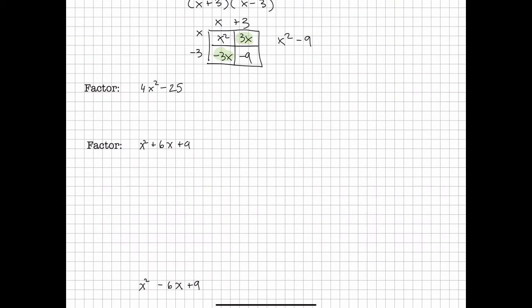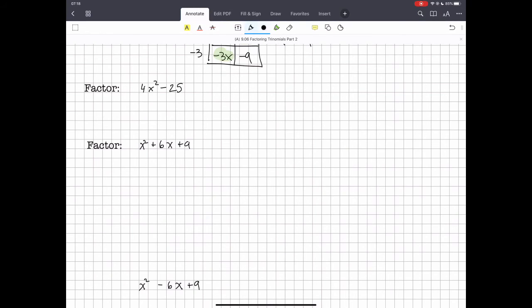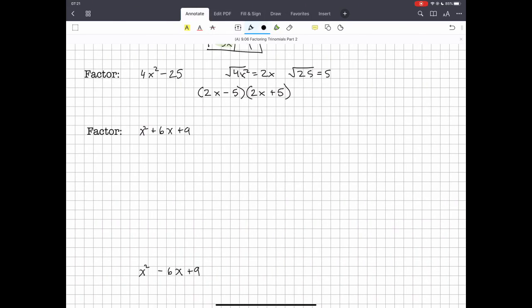We know that the square root of 4x squared is 2x, and the square root of 25 is 5. So already we have our answer in a difference of squares. It would be 2x minus 5 times 2x plus 5. And that would be the answer for that one.